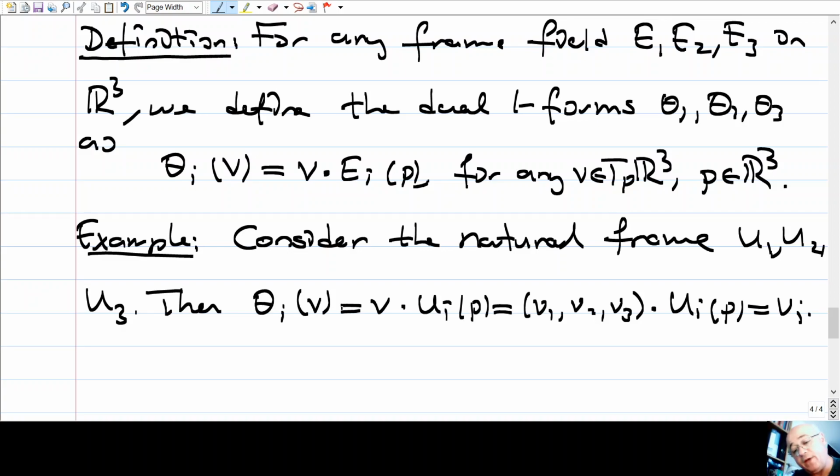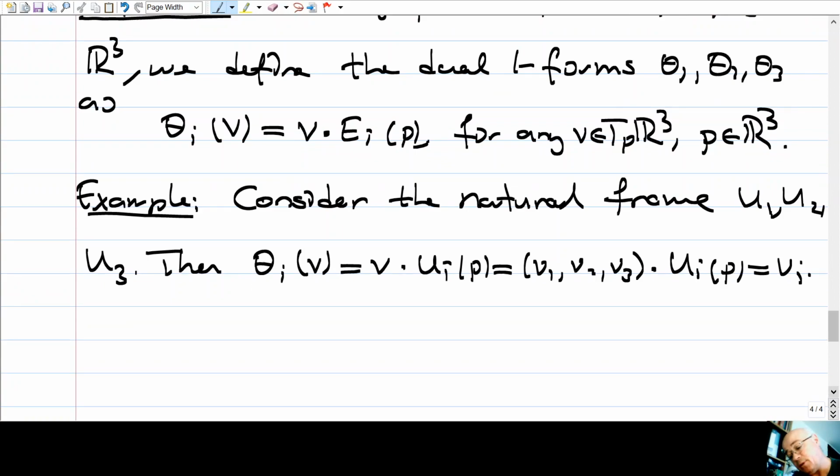So this is just vi, but we have another one form which gives us the same value, which is just dxi of v, right? Okay, this is just vi because this is just the derivative of the function xi along the vector v, and it is just vi.